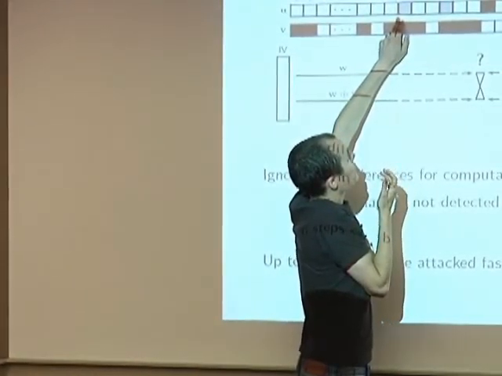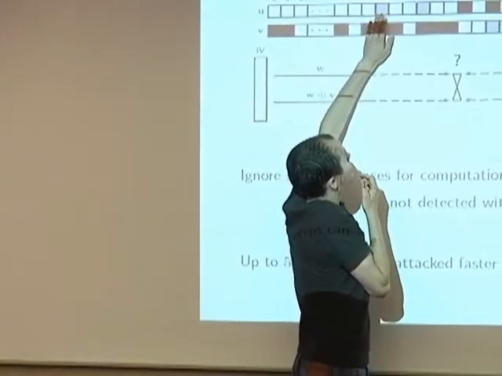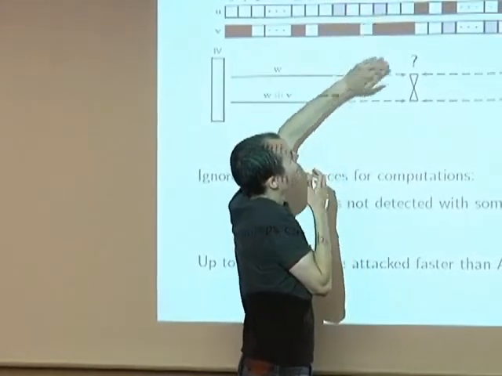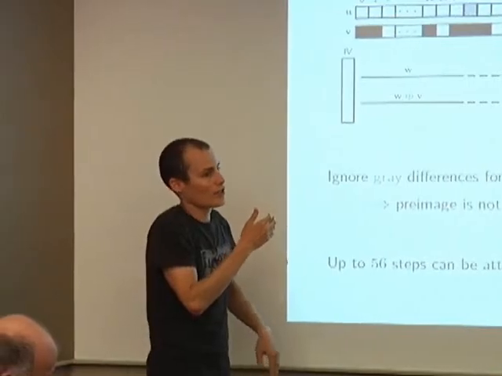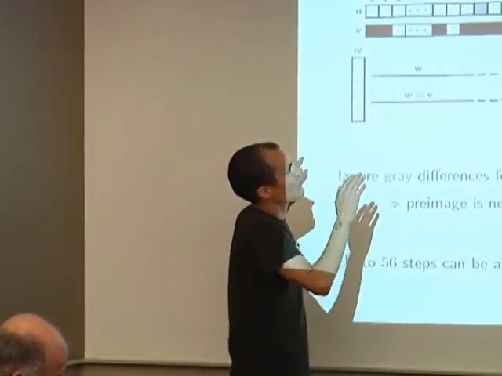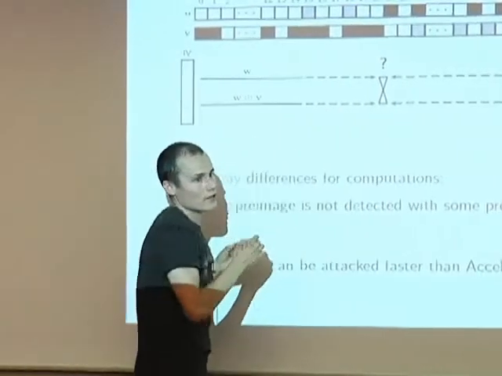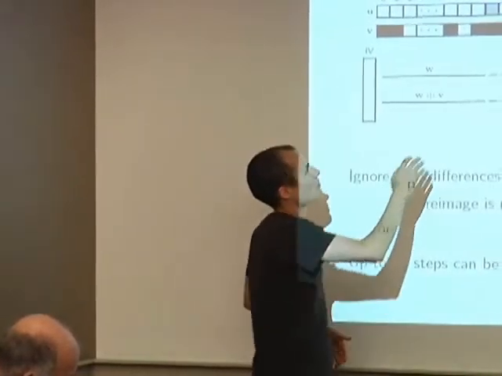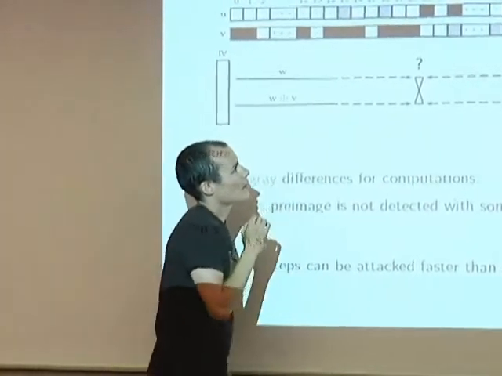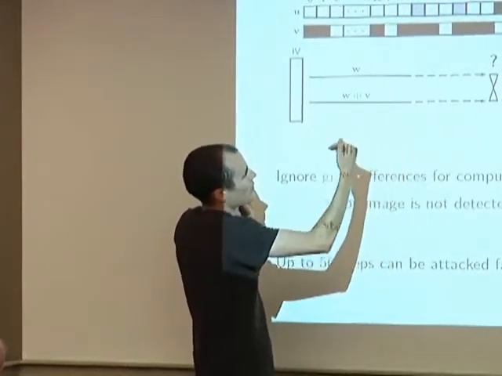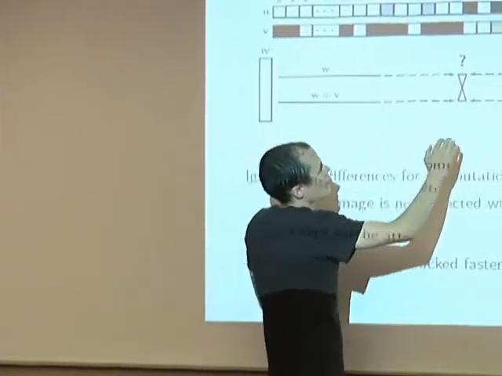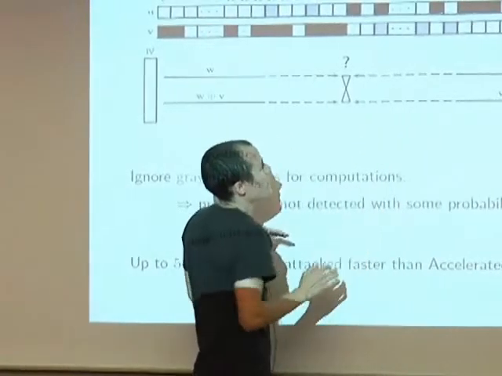And now we just ignore some number of differences that are introduced during the computation. So we just act as if the U would not introduce differences until step 20. But it does. It introduces two differences here. And we do the same thing in the backward direction with the V pattern. We just ignore the gray differences here.